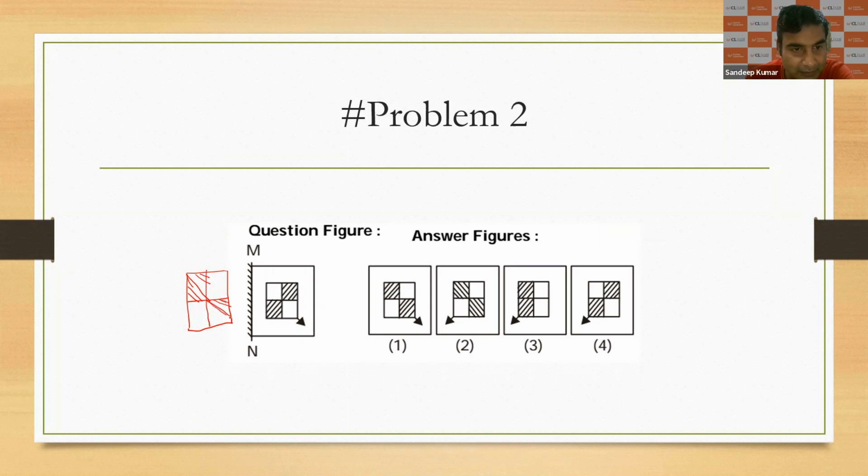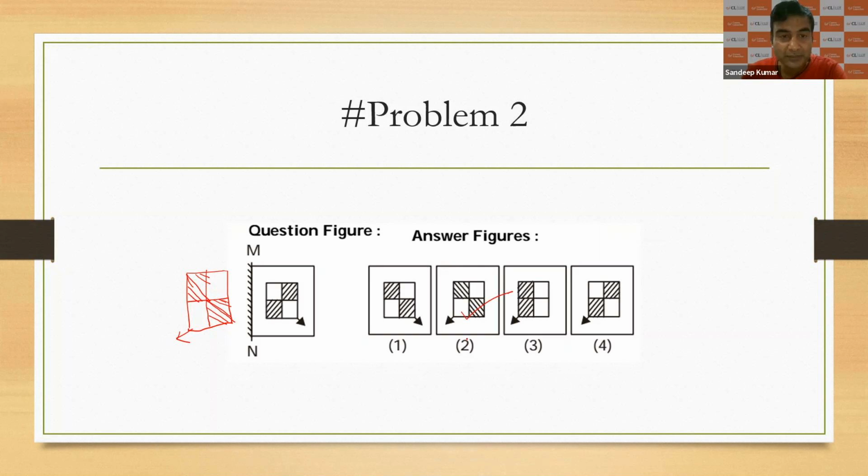Then it goes here, and then it goes here. The arrow is further away, so this is where the arrow would be. Looking at our drawings, there is only one figure, this one.